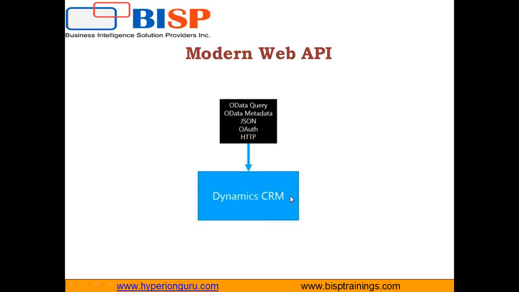But the cool thing about this is that it covers a lot of operations from the SOAP package which we used to use. They have merged things with the OData CRUD operations, which allows most of the SDK operations. So now not only do we have delete operations, we can also get other operations such as assign and associate operations, and so on. So that's the modern web API feature which has been added in CRM 2016, in both the online and on-premises versions.